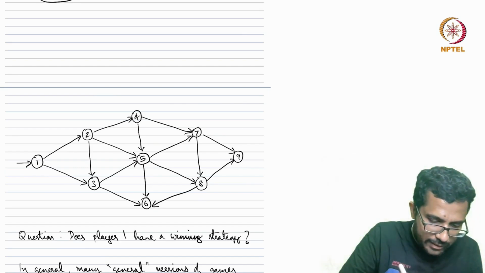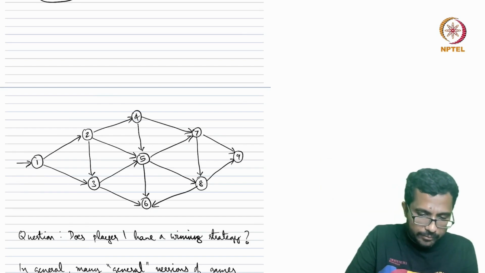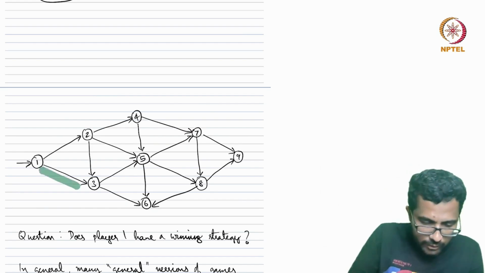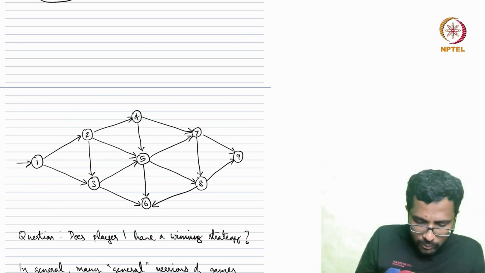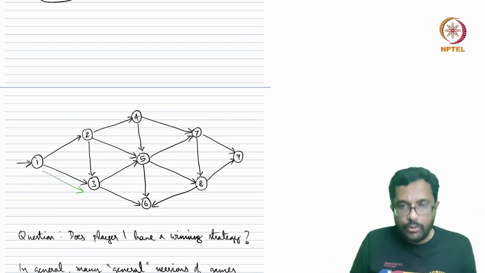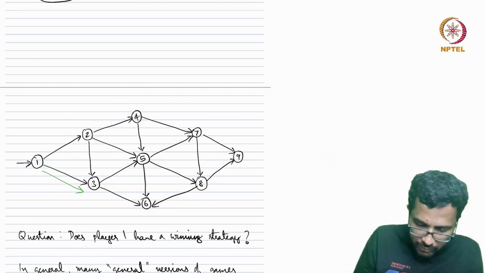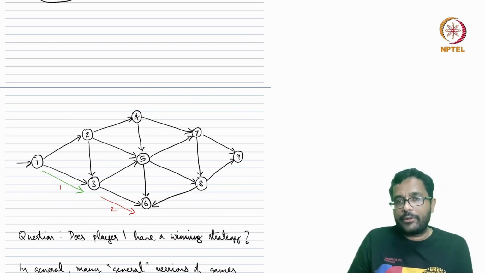For example, in this game that is drawn here, player one actually loses. Suppose player one takes this way, he goes to 3. Now player 2 can go to 6. So this is 1, this is 2. Player 2 can go to 6, and now player 1 cannot go, there is no outgoing arrow.